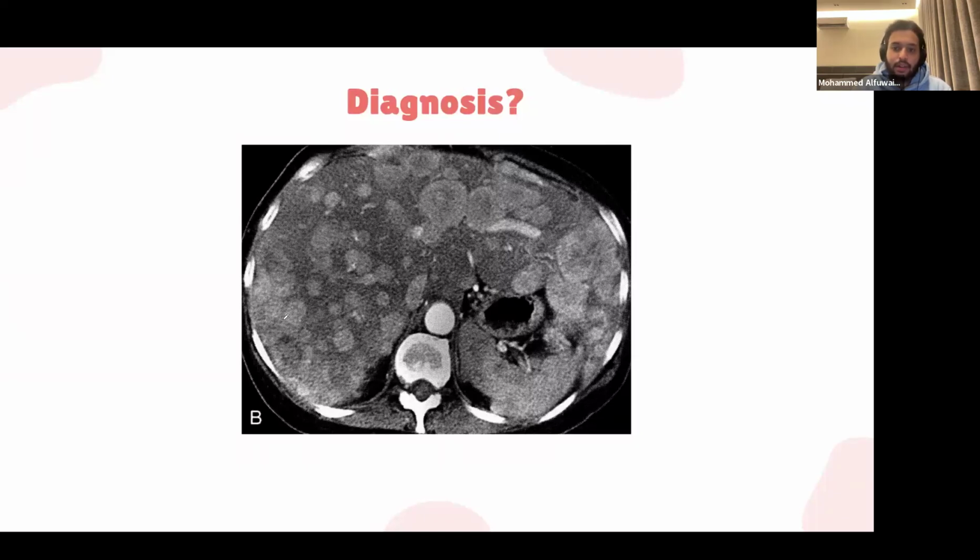Colorectal cancer is the most common reason for liver metastasis. For primary liver cancer, which is hepatocellular carcinoma, it's most likely going to metastasize to the lung, as one of your colleagues mentioned. Breast can go to the liver, yes. And pancreatic and gastric cancer can go to the liver. Most common is colorectal.